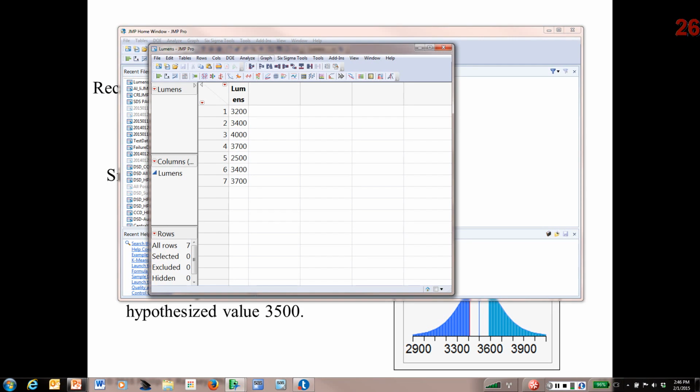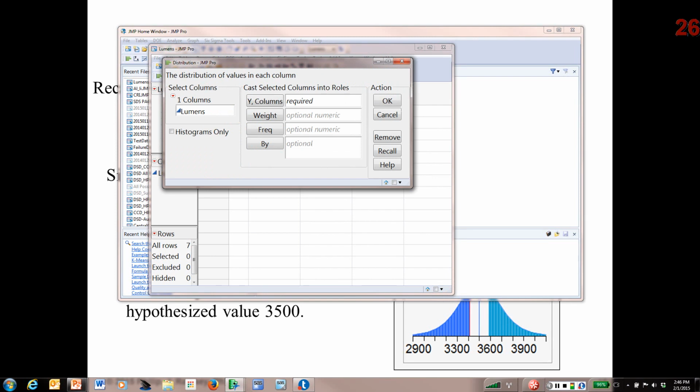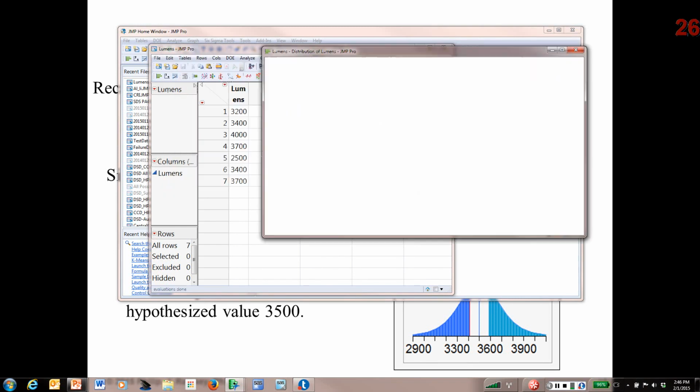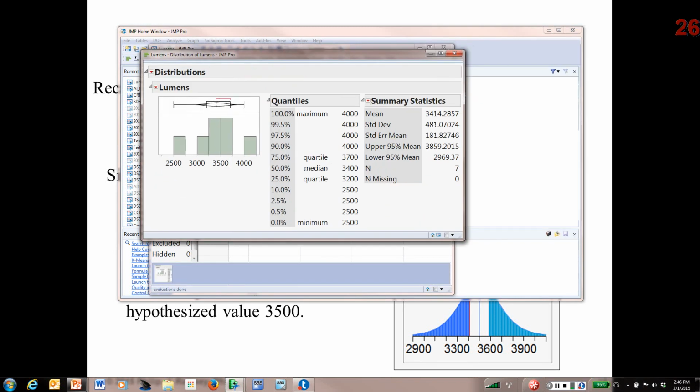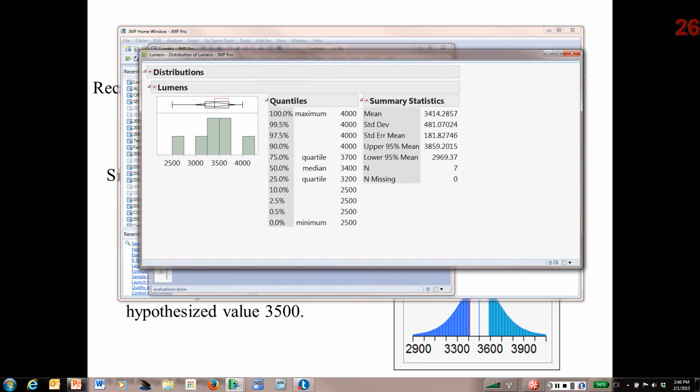So go to Analyze, Distribution, because once again I'm trying to draw some conclusions about the distribution of lumens. So I put Lumens in Y since it's my only measured response. And we get our summary statistics report.